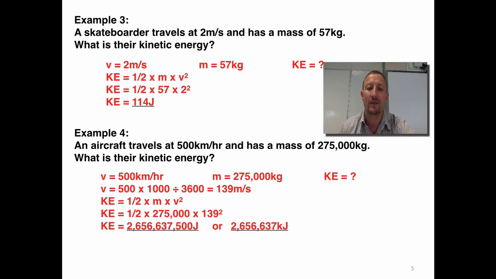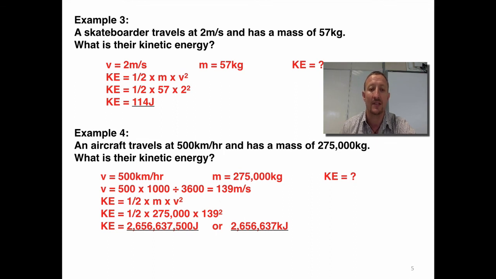Okay, so now I've converted into meters per second, and I've got my mass in kilograms. All I need to do is calculate my kinetic energy. So put down the formula, half times m times velocity squared, and then substitute in for those letters. So it's a half times 275,000 times 139 squared.